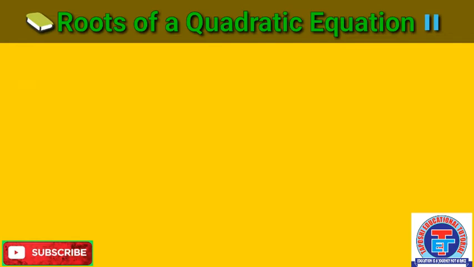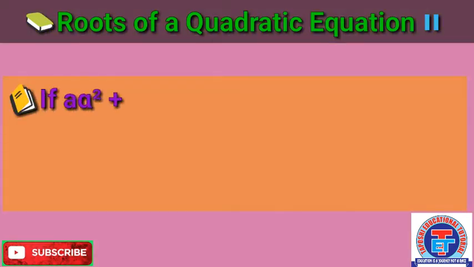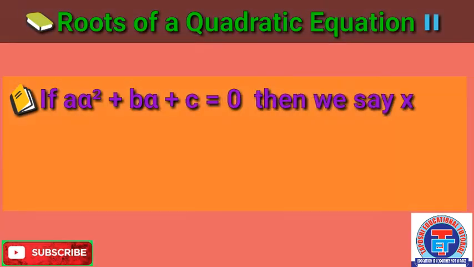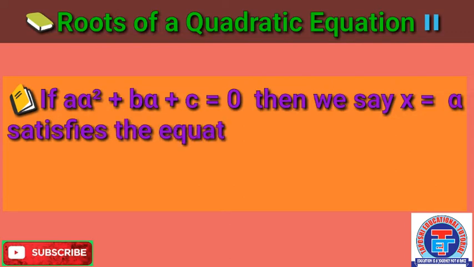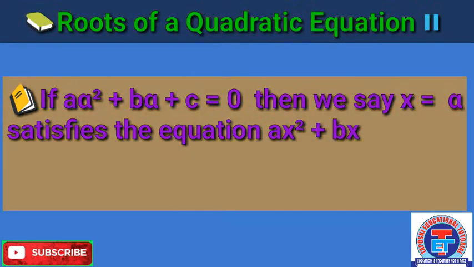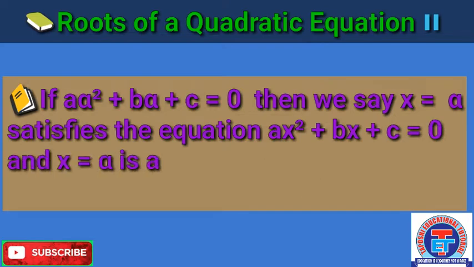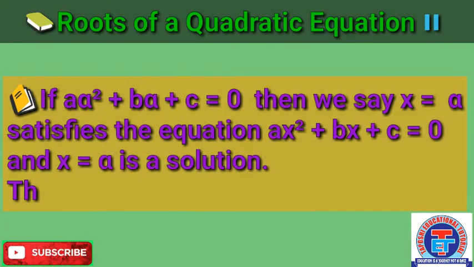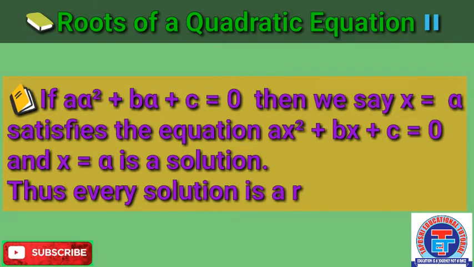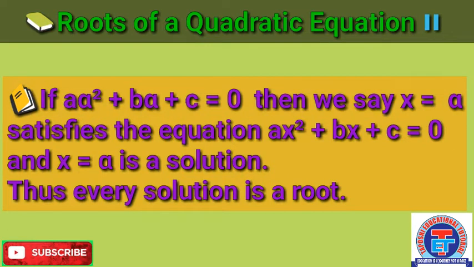If a alpha square plus b alpha plus c is equal to 0, then we say x is equal to alpha satisfies the equation ax square plus bx plus c is equal to 0, and x is equal to alpha is a solution. Thus every solution is a root, right student?